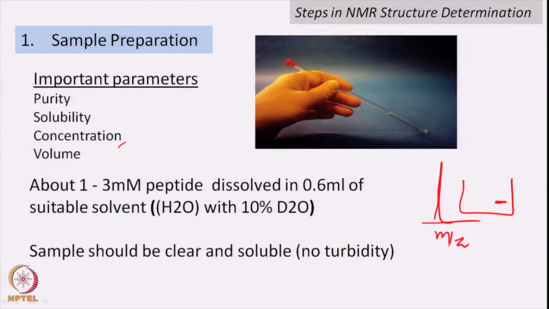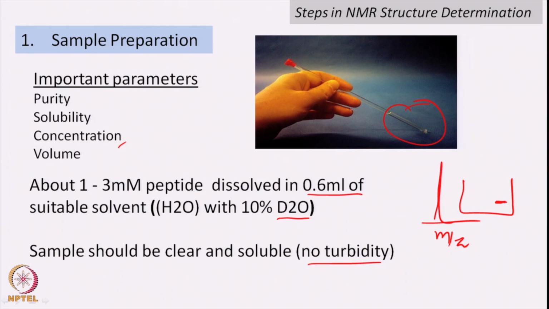Typically for a small peptide, 1 to 3 millimolar should be dissolved in 0.6 ml of suitable solvent, mostly water, with 10% D2O, deuterium oxide, for locking the magnet so that it does not drift during the experiment and you get a very clean spectrum. The sample has to be really transparent, with no turbidity, clean and clear.